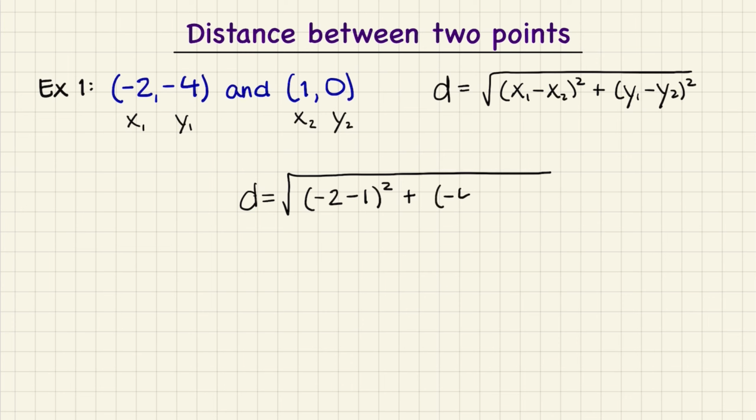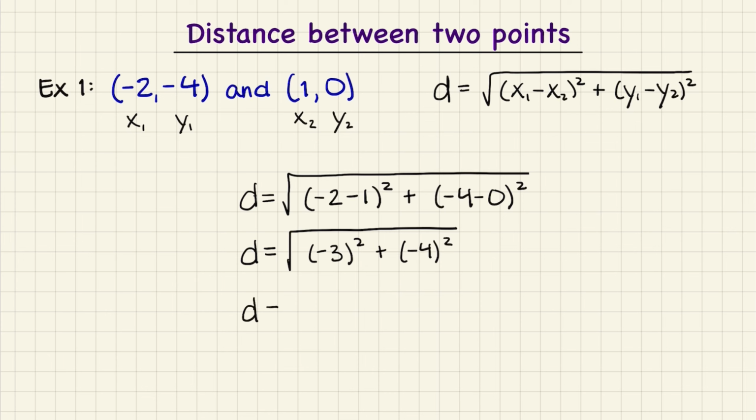So negative 4 minus 0, can't forget the squared. And now we simplify. D equals the square root of negative 2 minus 1 is negative 3 squared plus negative 4 minus 0 is negative 4 squared.